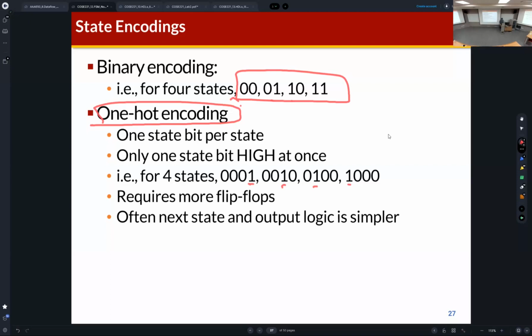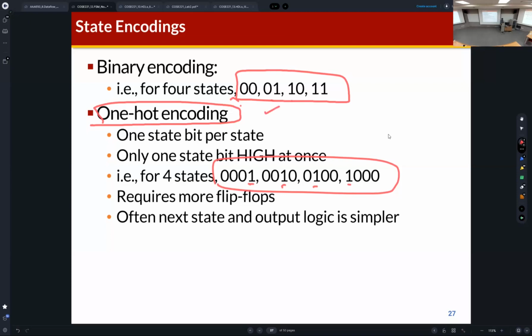But if we use one-hot encoding, we may generate simpler output logic. So we can select the binary encoding, or we can select the one-hot encoding. There can be different encoding rules for representing different states.